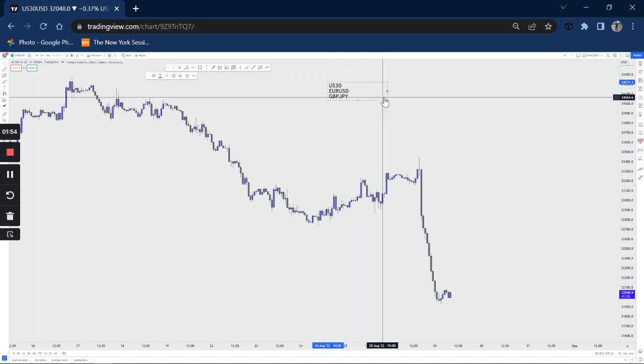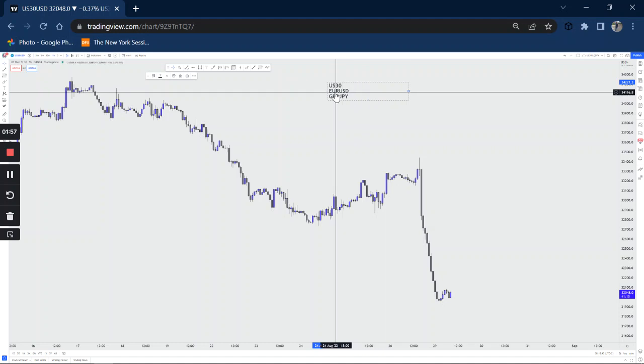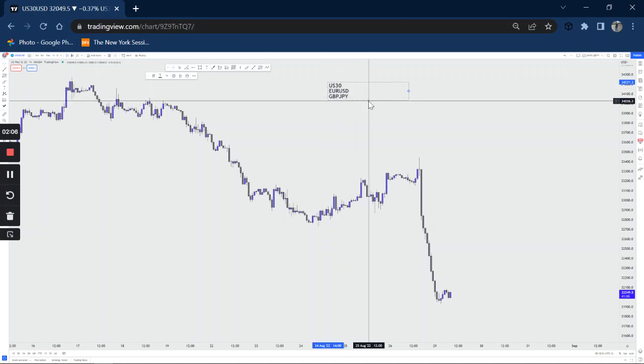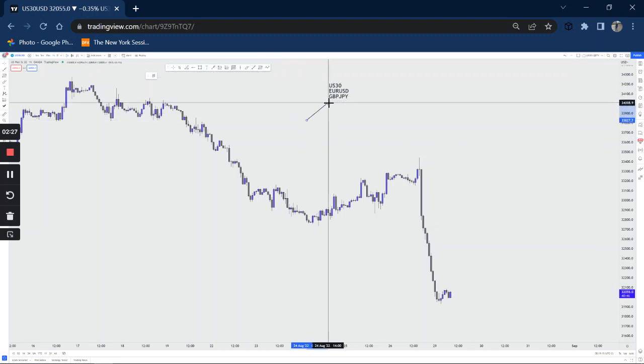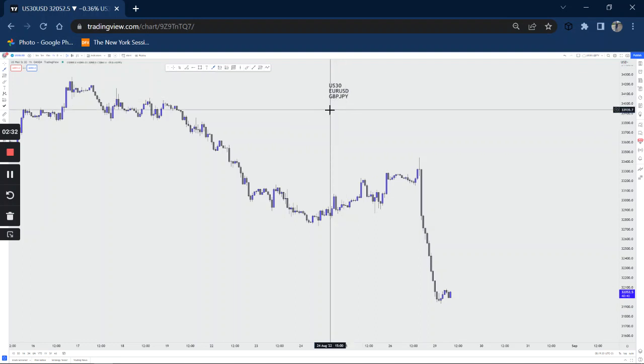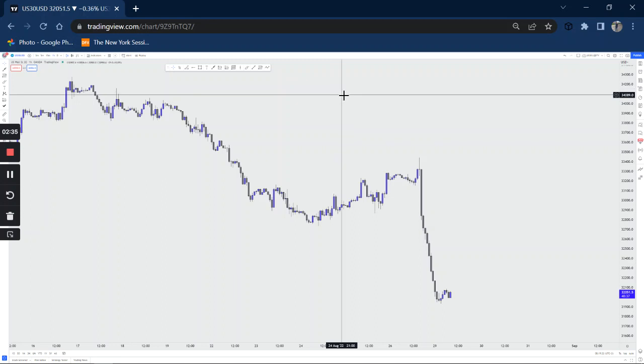So if you have analysis on euro dollar, then pound dollar is going to be more of the same, because they share the same base or quote currency. It's been a while since I went through these things. This is our base currency, and this is our quote currency. I have to go back to the basics.